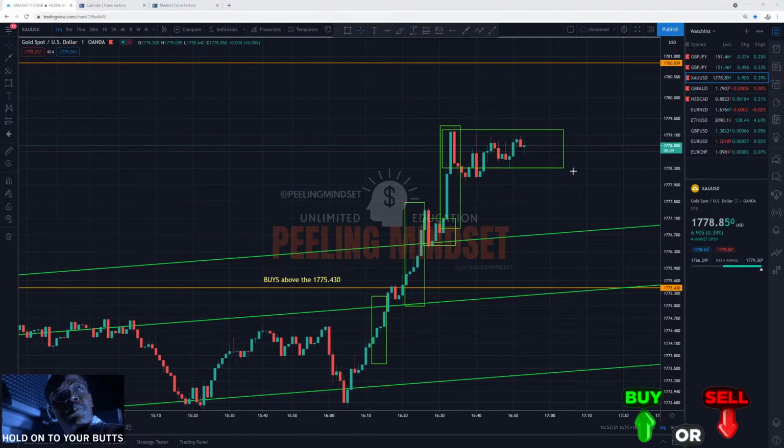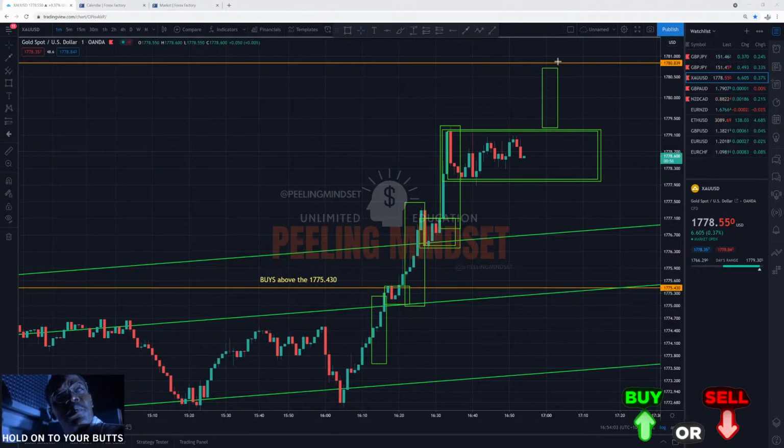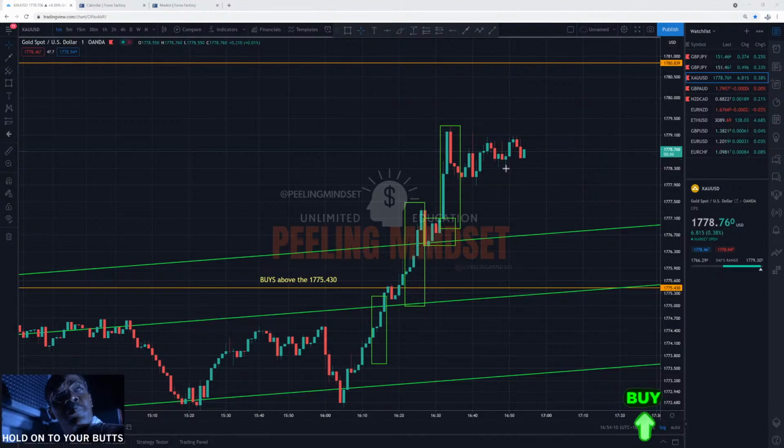Price is in a rectangle box one more time, the sideways box. So what the price is doing is it's actually collecting orders. So if it's collecting orders to further move up, this could be perfect. So just have to wait and see.